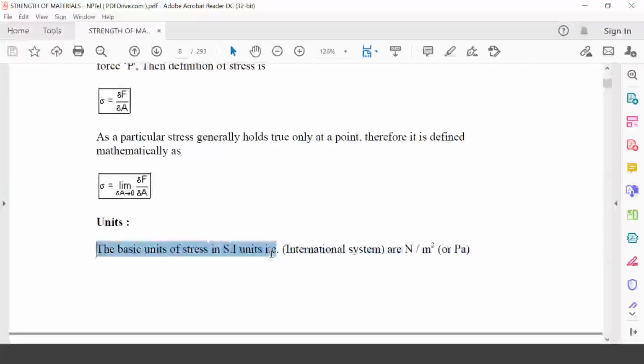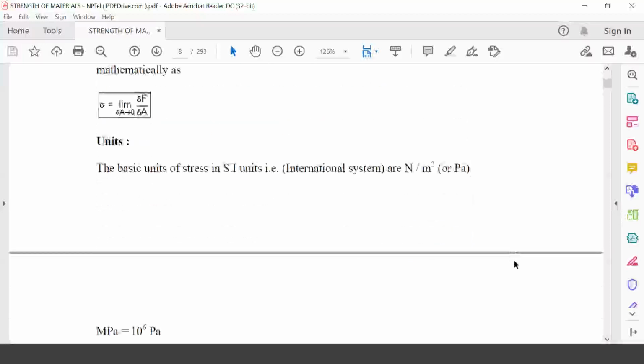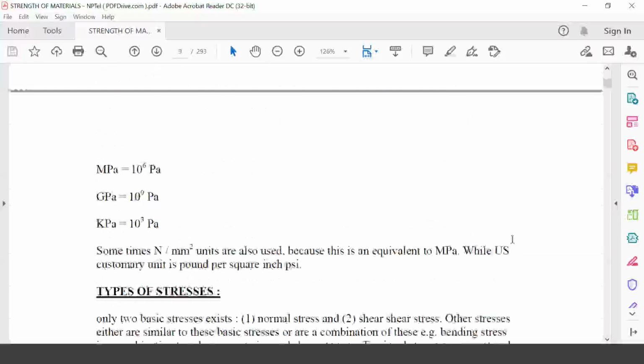Because we are considering a very small amount of force. Now if you consider a very small area, then you all know, limit delta A tends to 0, del F by del A. Delta A tends to 0 means the area is extremely small. That is why this del component has come, because of this limit.